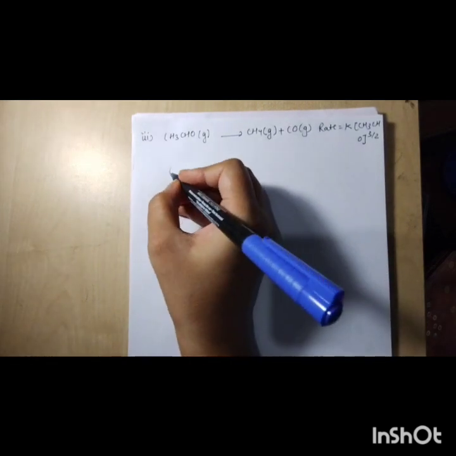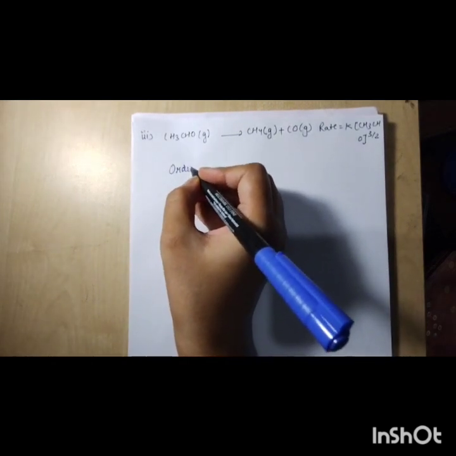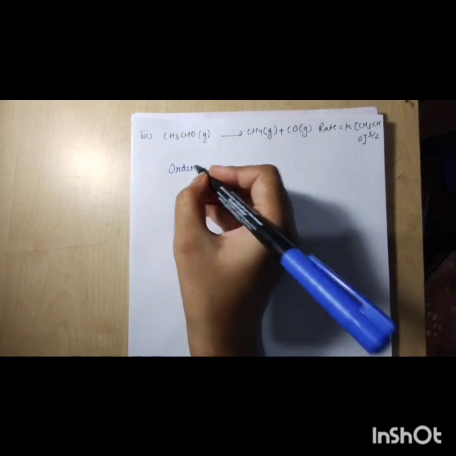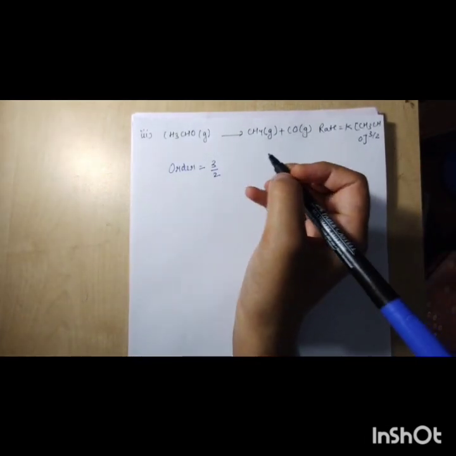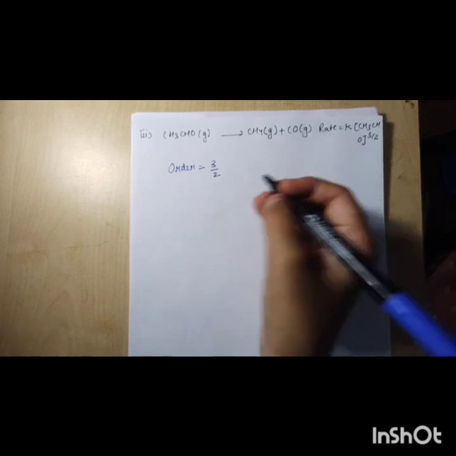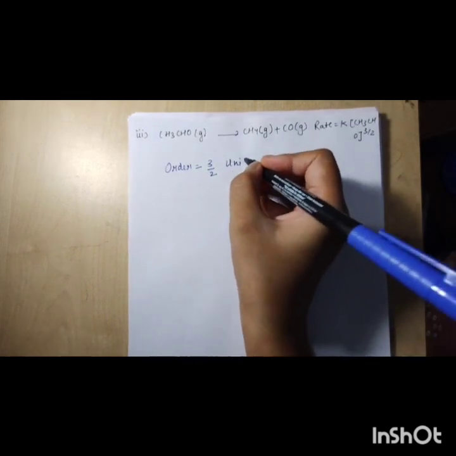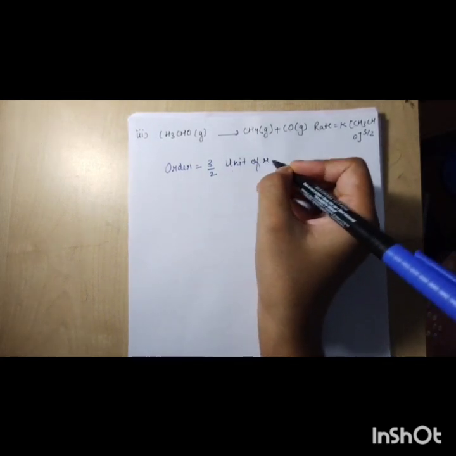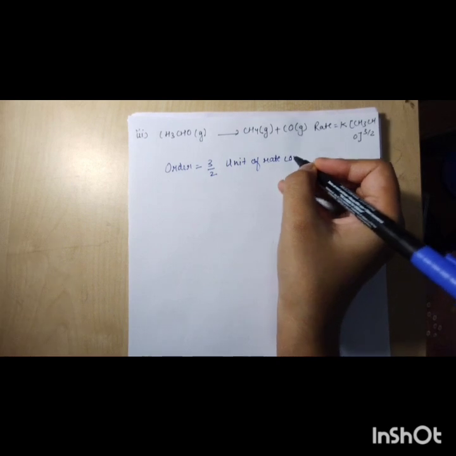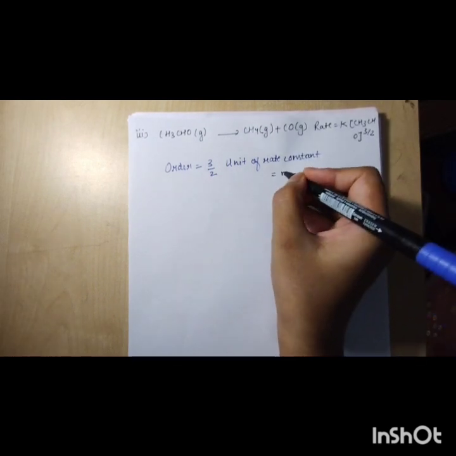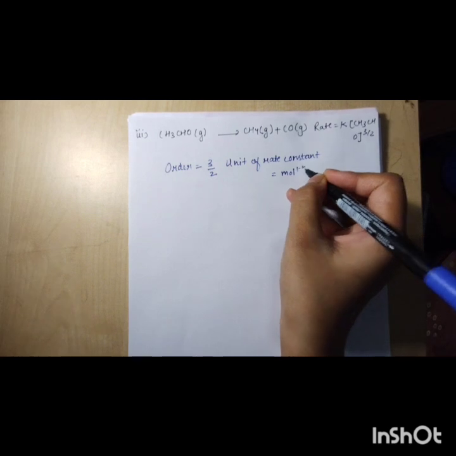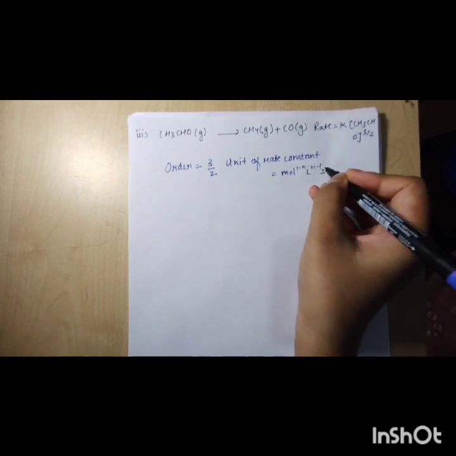Here the order will be the sum of power of concentration, that is 3/2, and the unit of rate constant will be mole^(1-n) liter^(n-1) per second.